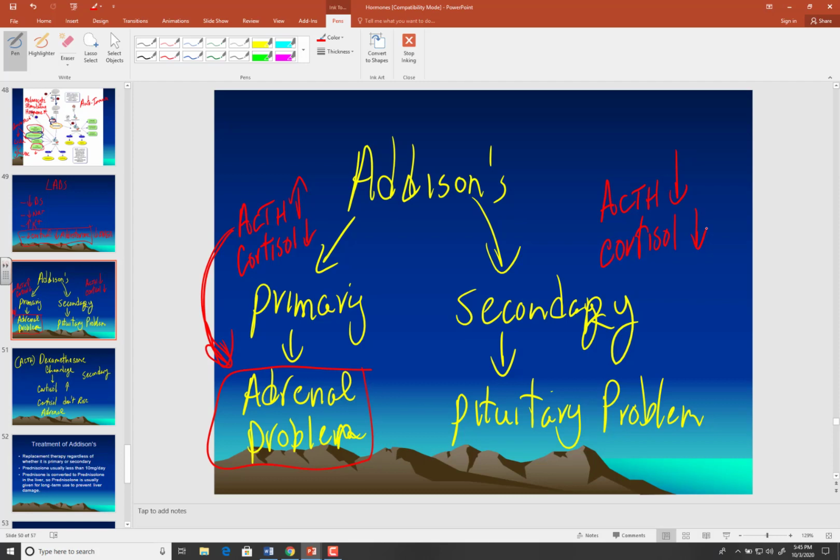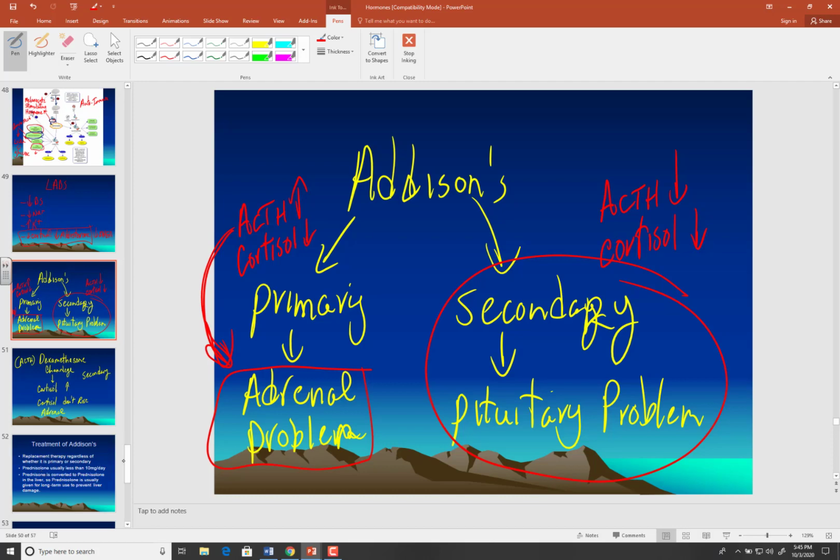Now, in many cases, it's a tumor of the pituitary. And tumors of the pituitary can result in increased release of those particular hormones or no release at all. So in secondary, you have to find out what's causing the pituitary problem. Is there a tumor? But ultimately, the treatment is going to be hormone replacement.